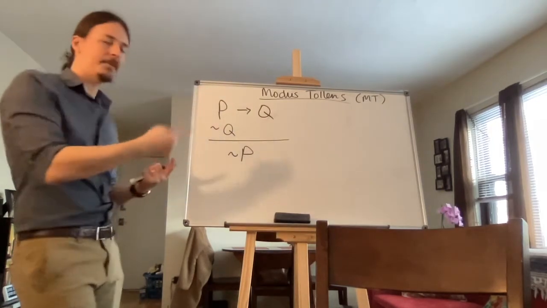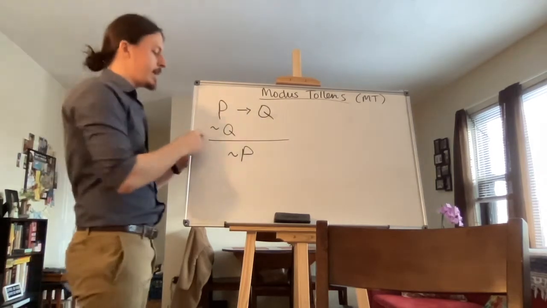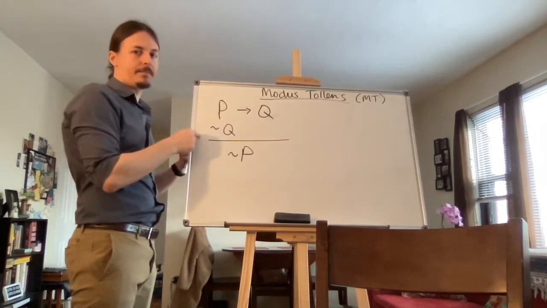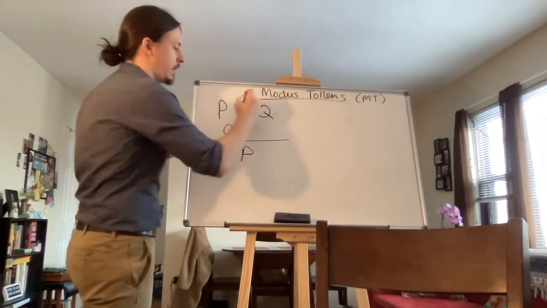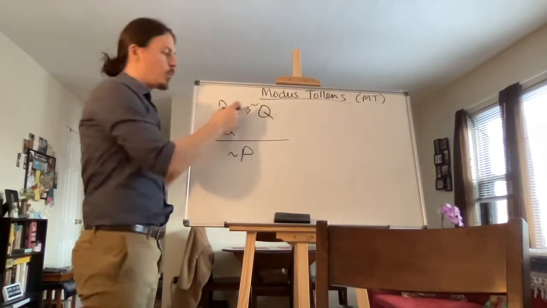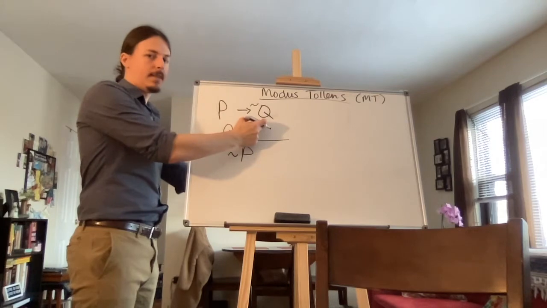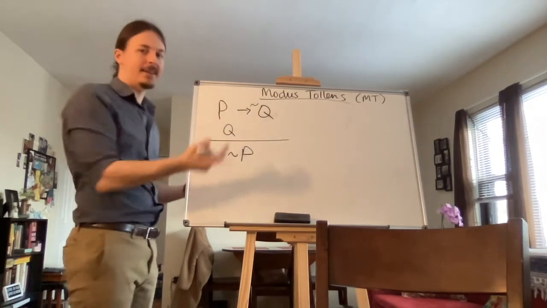And you can do the same thing in modus tollens, because all you're doing here is negating whatever the consequent is, which means if you're starting out with a negative, like if P, then not Q, then the way you negate the negation is to make it positive, right?